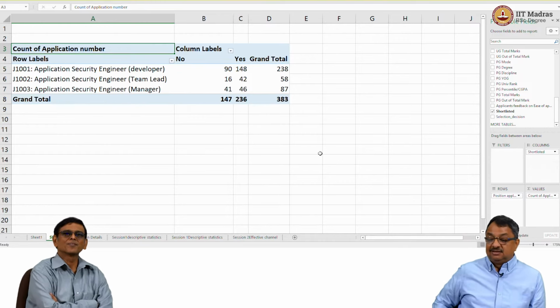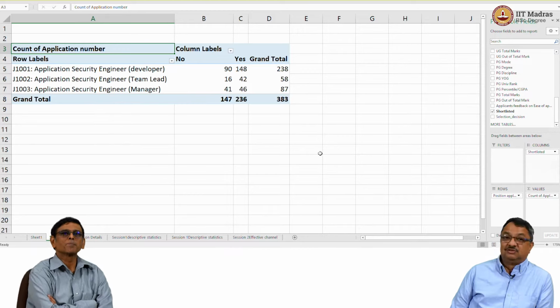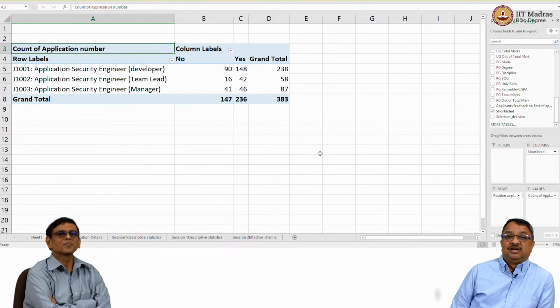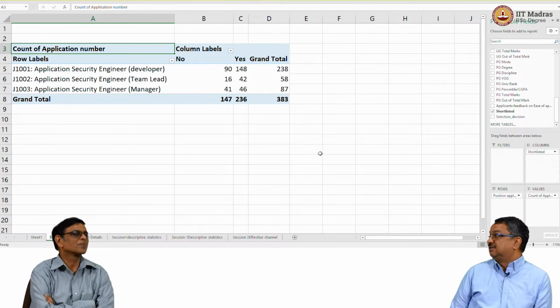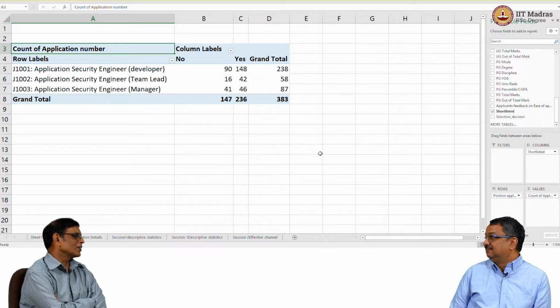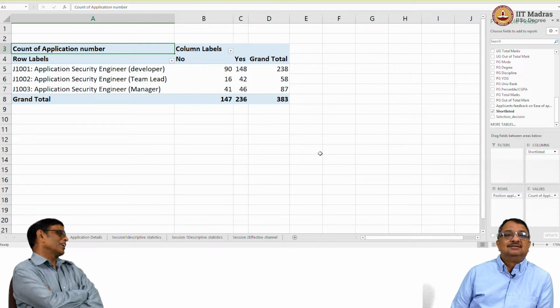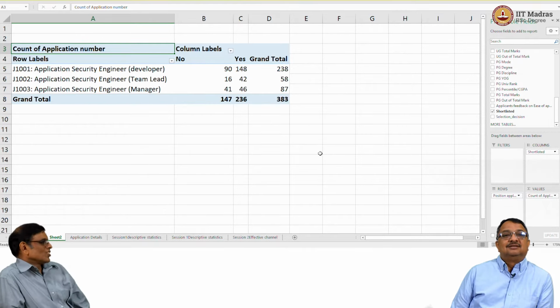Not bad actually. We did get good applicants for manager, because our hit ratio was almost 50%: out of 87, 46 got shortlisted. But generally for managers, you tend to interview many more candidates to select. For developers there are too many candidates to interview, so you do more on shortlisting.